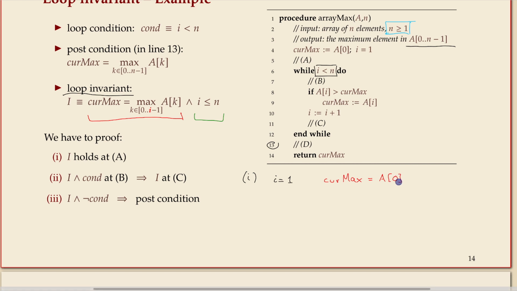Now, if I look at the loop invariant and I insert what i is, namely 1, then that's the same as this complicated looking term. But if k is just in the range from 0 to 0, that's really all I'm saying: it's A0. So that's the red part. The red part of the loop invariant is satisfied at this point, just because it doesn't actually make an interesting statement. It just says current max is A0.